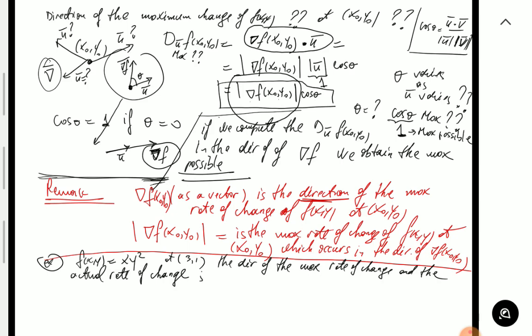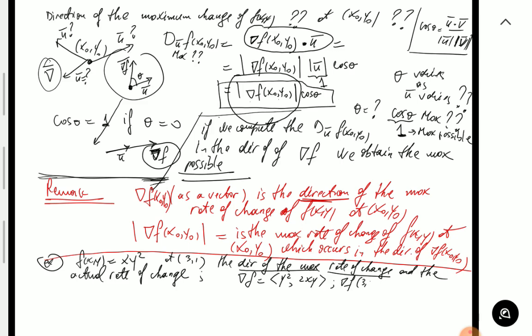So all you have to do to answer this is compute the gradient, which in this case is partial x is y squared, partial y is 2xy, at the point in question.